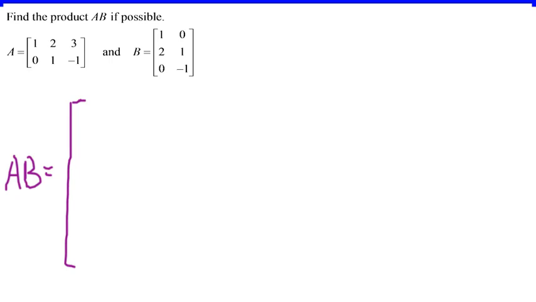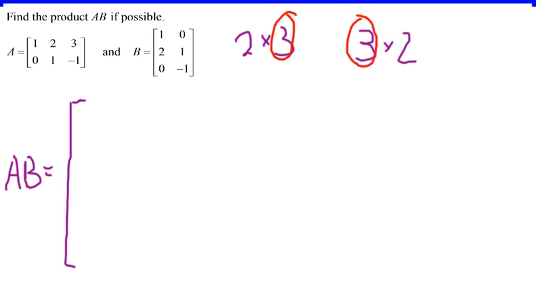So we want to find the product of AB if possible. If we look at matrix A, we have a 2 by 3 matrix. And if we look at matrix B, we have a 3 by 2 matrix. Looking at the columns of the first matrix and the rows of the second matrix, those values are the same.